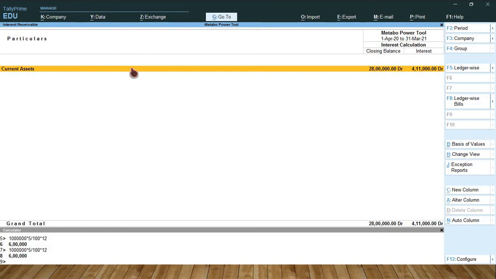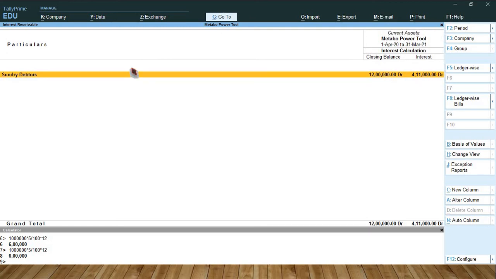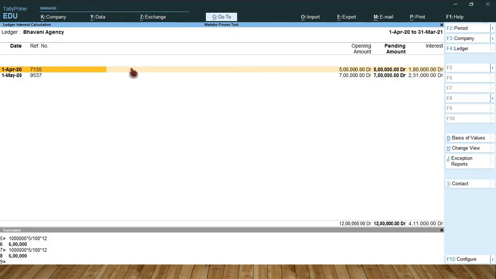So current asset. So that is supplier, customer. Bhavani Agency is a customer. Press one more enter. So it is showing transaction by transaction. So when we are activating interest calculation, we set this option: interest calculate transaction by transaction.